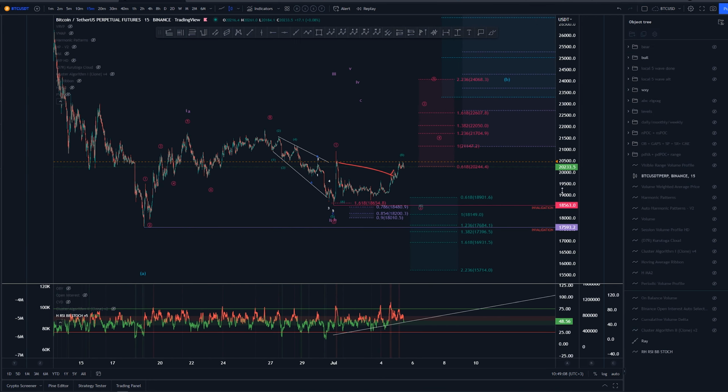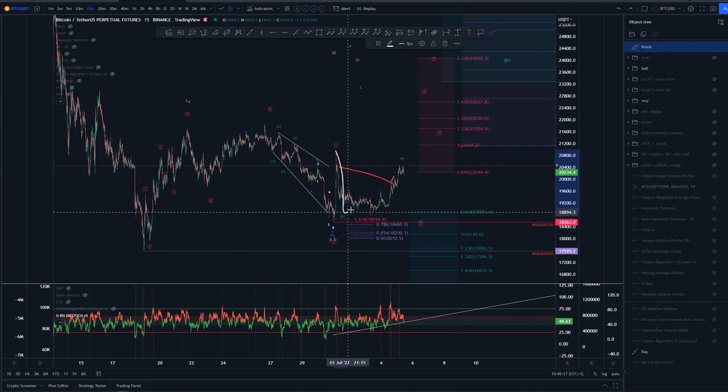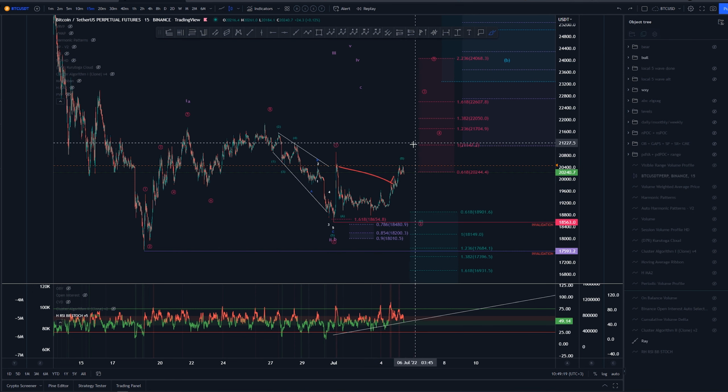Now this would apply as long as we don't get this B wave beyond the start of this A wave here, and we still can have this as an ABC zigzag. We don't really want it to retrace 85.4, but again, the exact invalidation is right at these highs of this wave 1 up here around the 20.9k area.